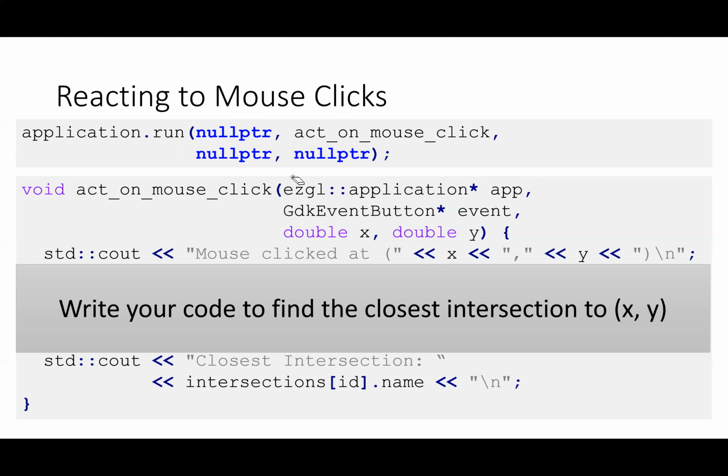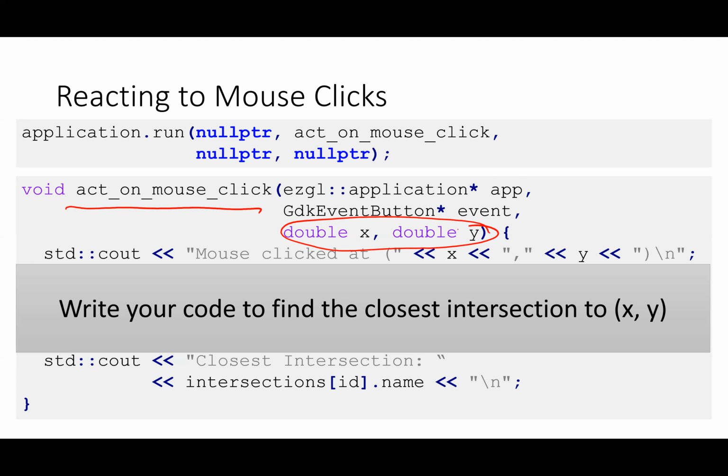Part of that is our act on mouse click function is going to need to find what the closest intersection is when a person clicks. So you're passed in this XY. How do you figure out what's the closest intersection? So what do you think? Any ideas? It's not really hard.